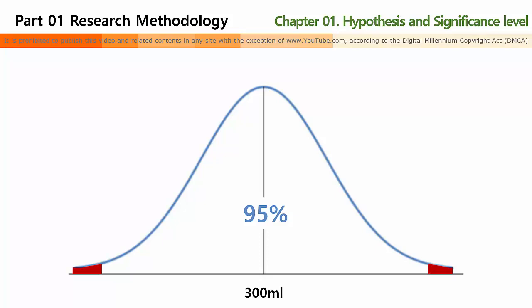Since the research hypothesis proved that it is not 300 milliliters, the researcher can verify that the amount of measured beverage is farther from the average than 5% and is correct.